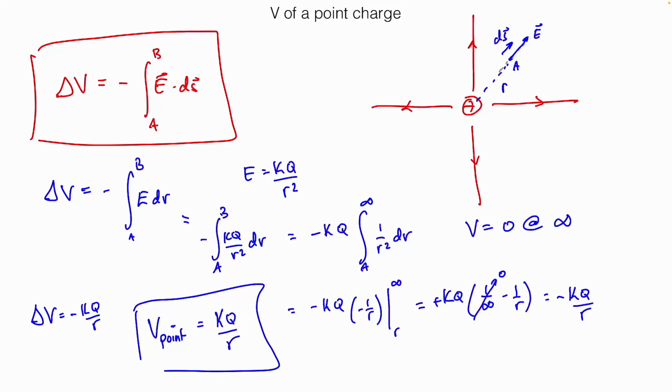This would be a change, because we're comparing infinity with where we are. The potential is a scalar amount. And we set the value for high or low potential based on the sign of the charge. Positive charges are associated with high potentials. Negative charges are associated with valleys or low potentials. Positive and negative will be determined by the charge itself.